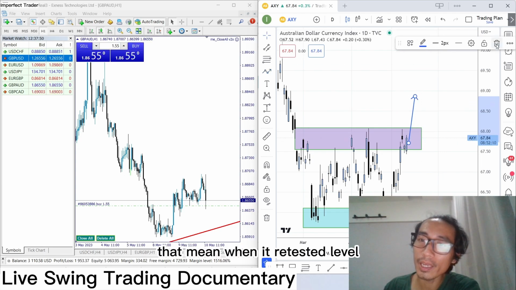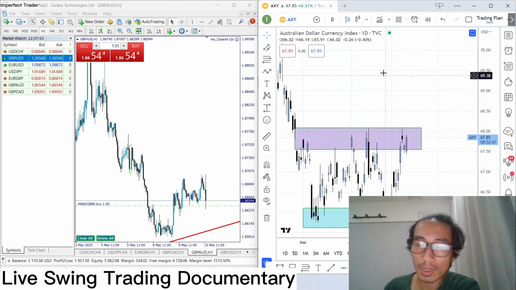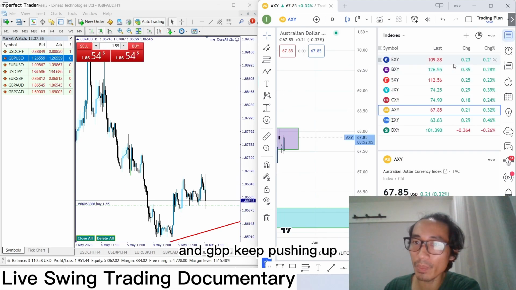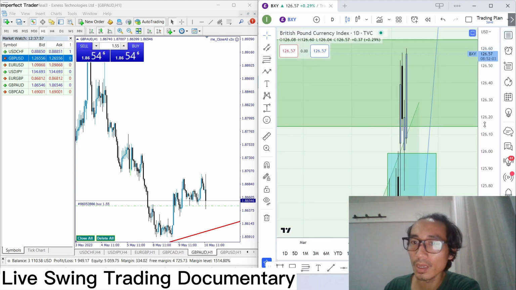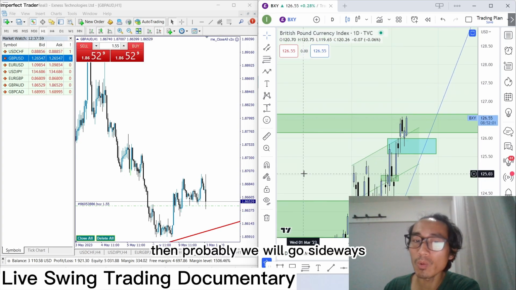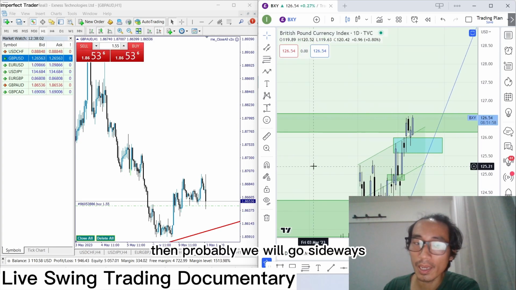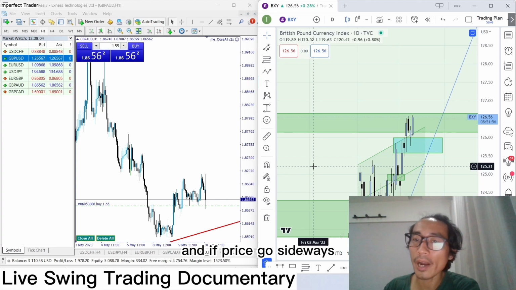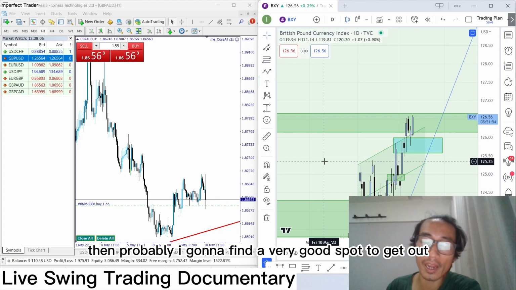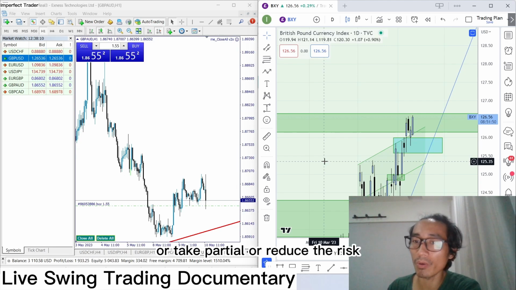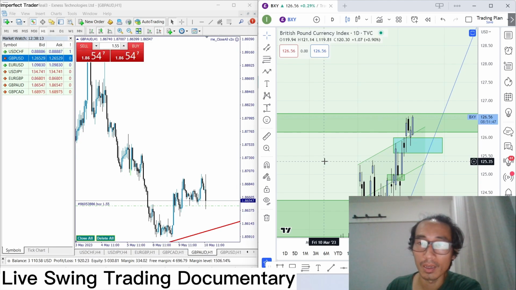That means when it retests this level and GBP keeps pushing up, then probably we will go sideways. And if price goes sideways, then probably I'm going to find a very good spot to get out or take partial or reduce the risk. If you listen carefully, I think there are a lot of things to note.